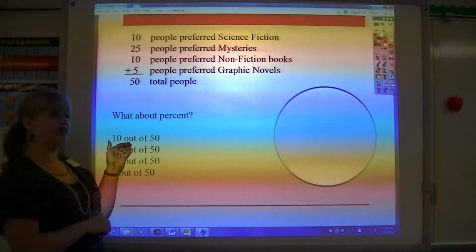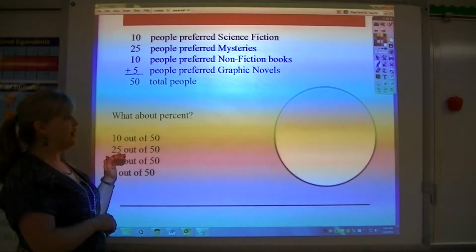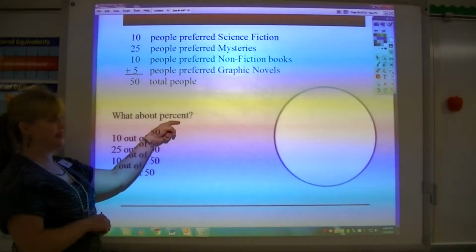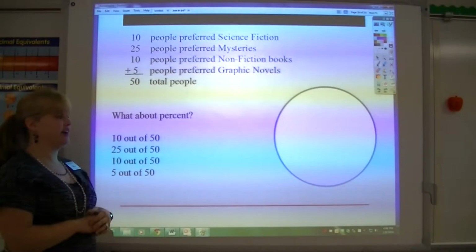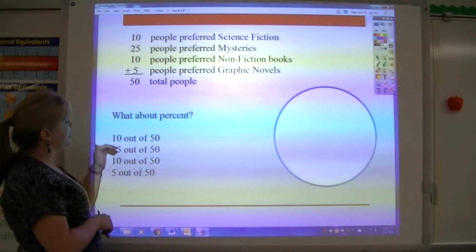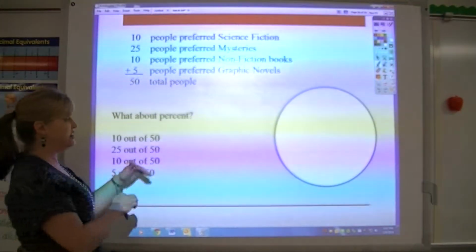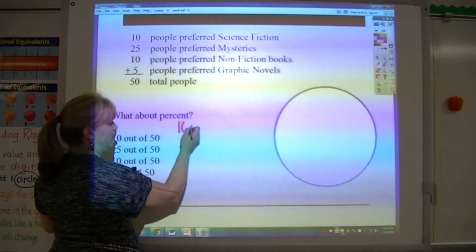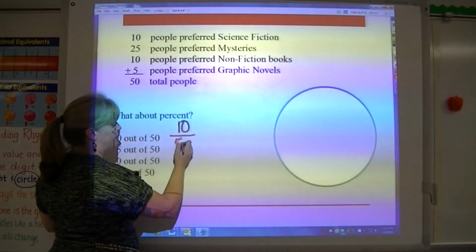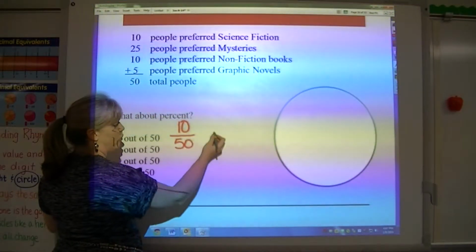Now, you have to take that information and you have to turn it into percent. This is one way to create a circle graph. 10 students out of 50 total can be converted to 1/5.